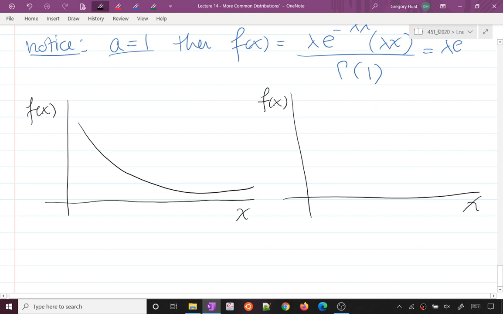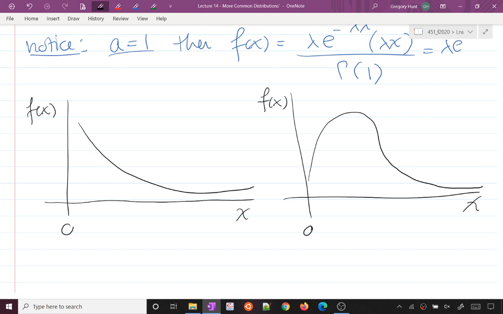It's not quite a bell shape, but maybe something like that, right? So this is x is 0. It only has positive density for positive numbers. But I can play with different shapes, so it's a very flexible distribution on all positive numbers.